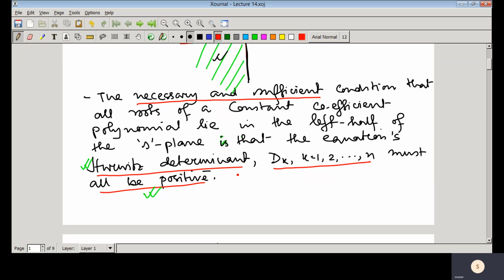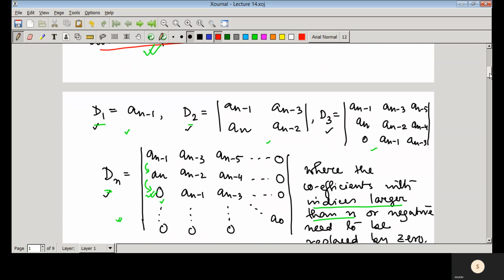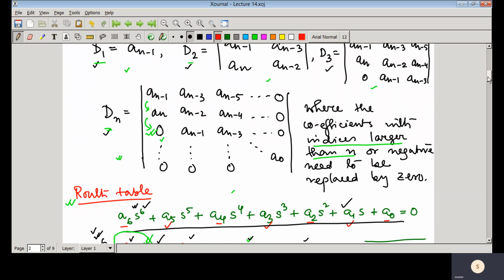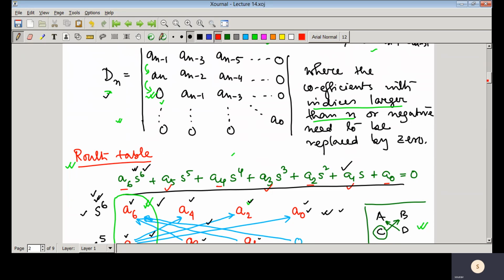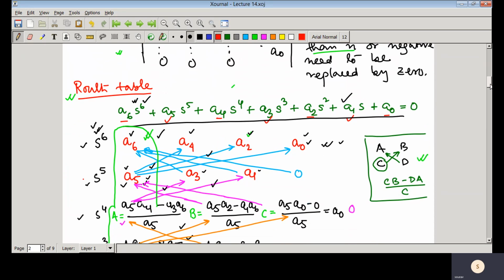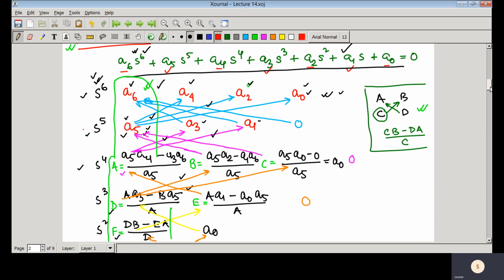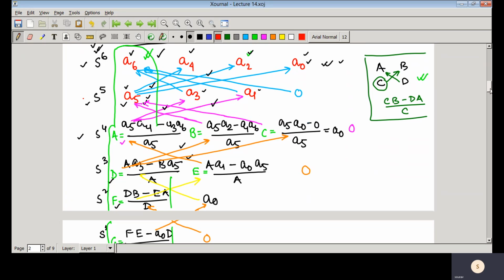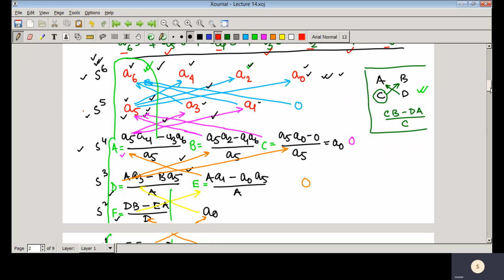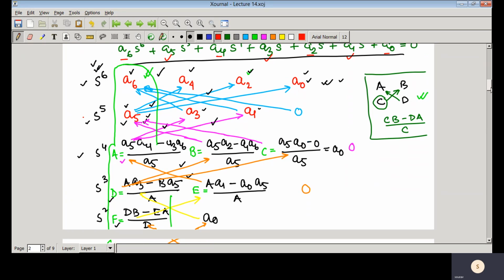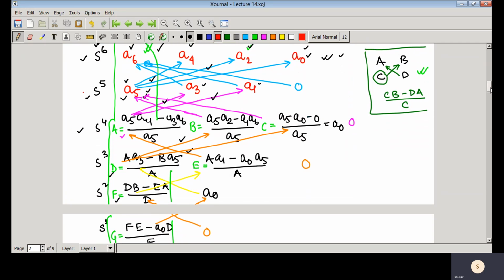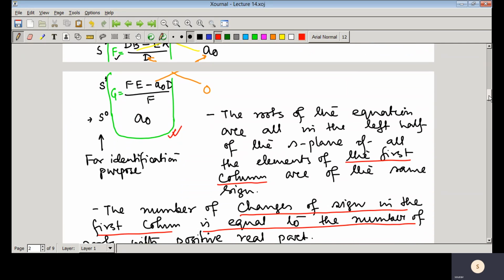That means all Hurwitz determinants should be positive, but for finding whether Hurwitz determinants are positive or not, we follow the Routh table, and in the Routh table method we have seen how to make the table, and then we look at the first column of that table. The number of sign changes indicates how many roots are in the left half or right half of the S-plane. That means the number of sign changes is equal to the number of roots on the right half of the S-plane. And if there are no sign changes, that means all roots are in the left half of the S-plane.